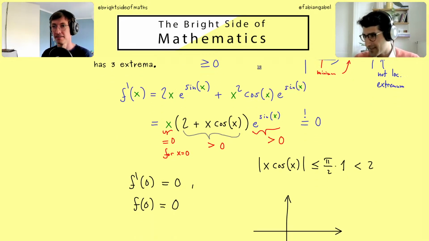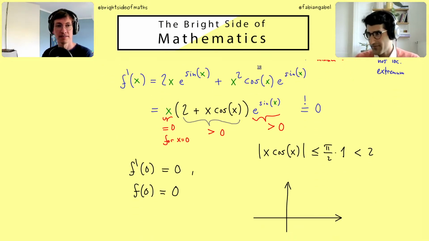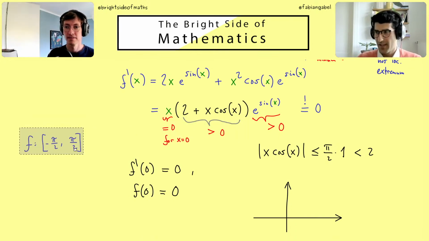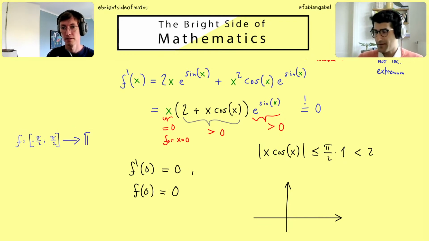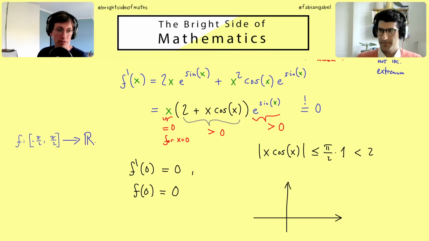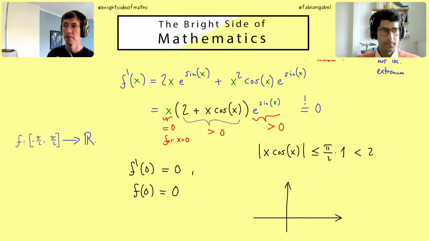The argument you had with x times cosine of x really takes into account our domain of definition. Otherwise we could not estimate x. But we have a domain of definition which is bounded by pi over 2, so we can use it. If it's not like that, you can't use it. Then you need other arguments.